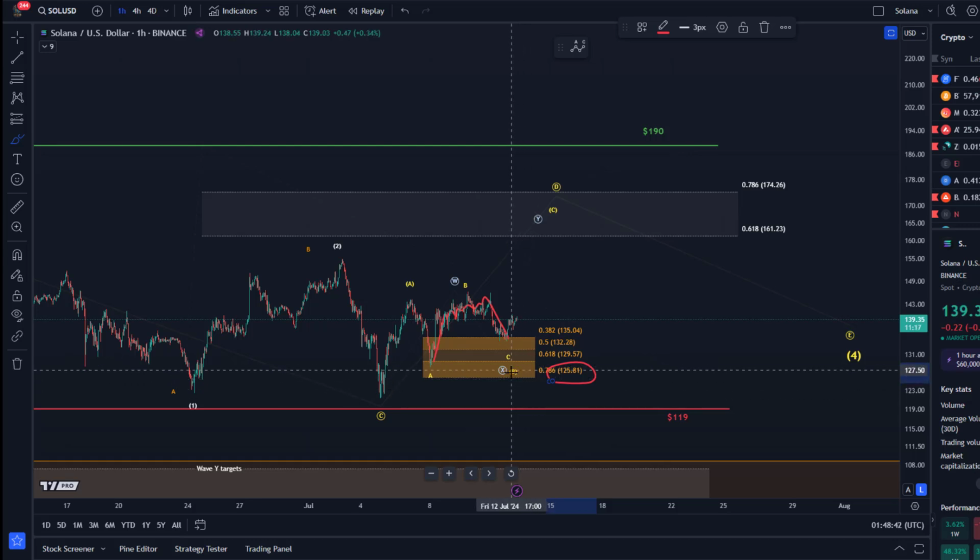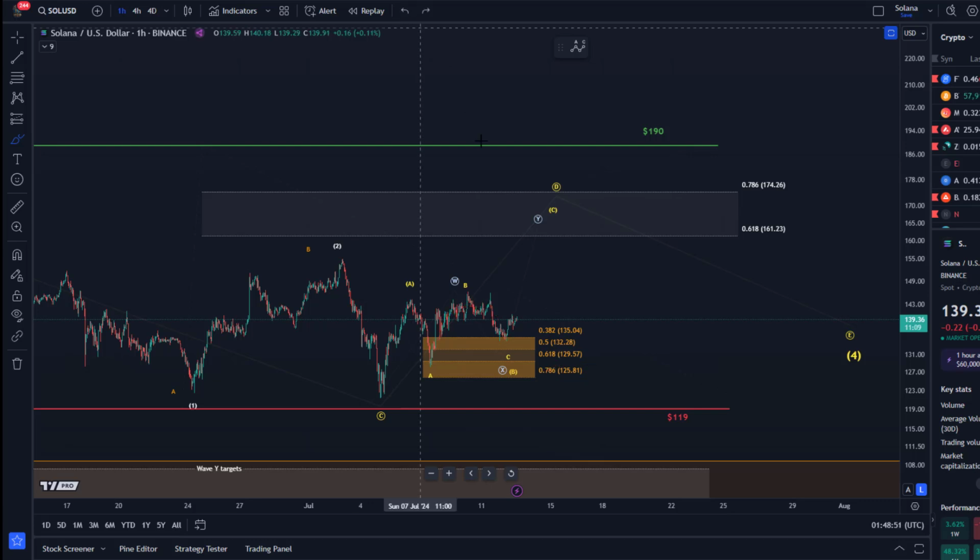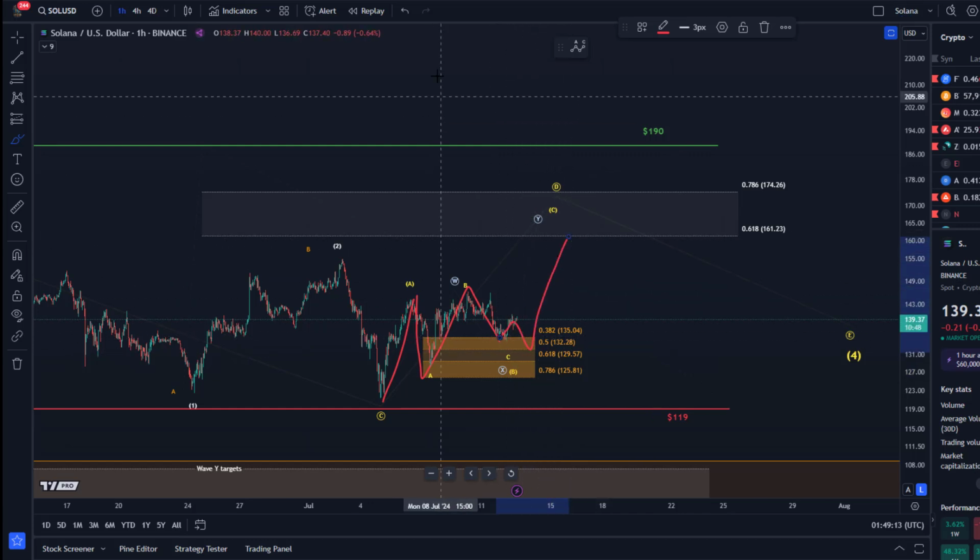This is really about the should, not the could. It's all about probabilities. There's a good chance we're holding that, at least if the wave count is correct. And if we break it, we at least know something's breaking. This might have been an A wave, and the B wave might have been a flat A, B, C. We might even get one more low, back into the support region, and then move up from there.